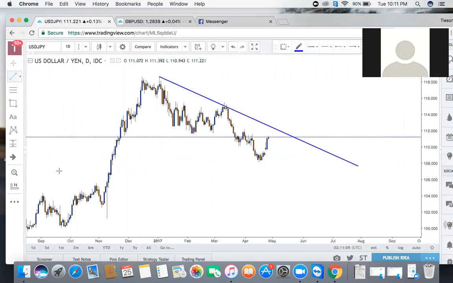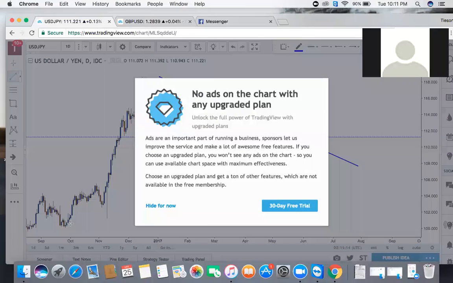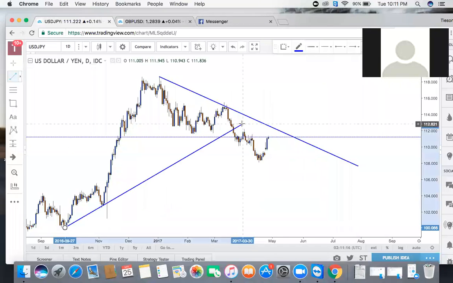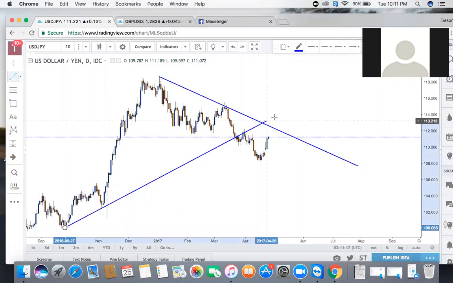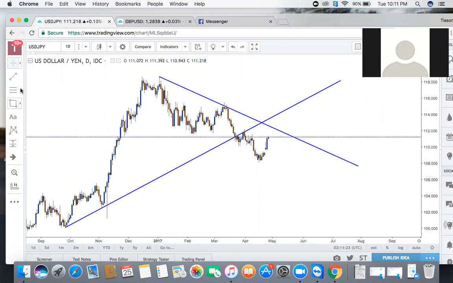But right here, those things will stop popping up. Place some support and resistance.